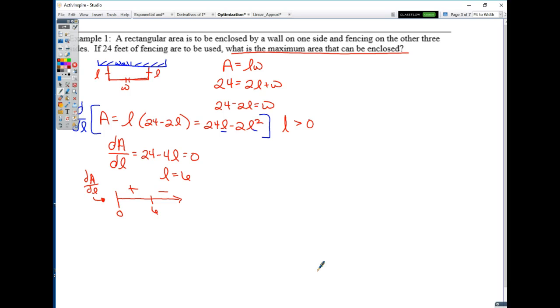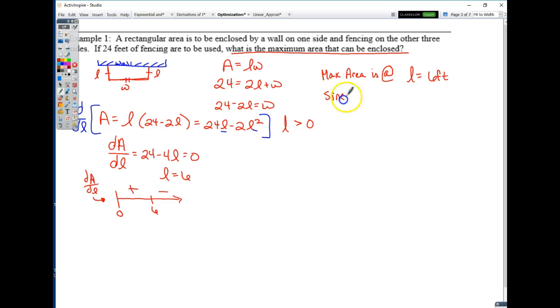This is where things get fun. We have to make sure that people are 100% convinced that this is, in fact, a maximum. So we say something like the max area is at L equals 6 feet. But then we have to defend that.